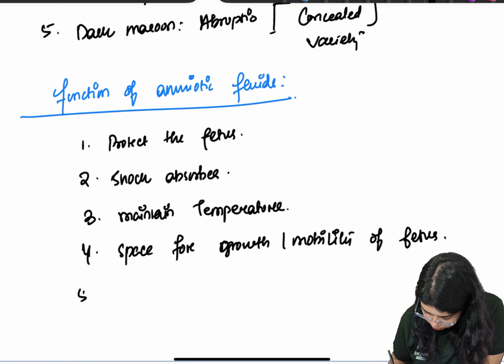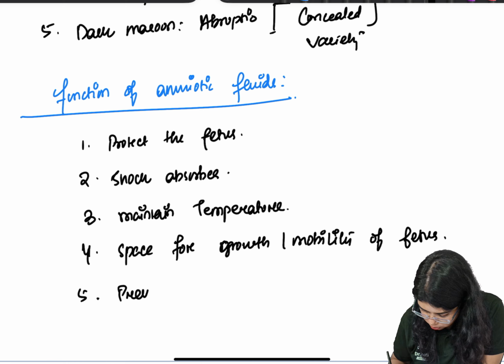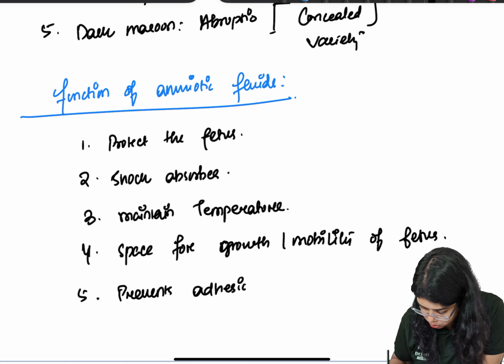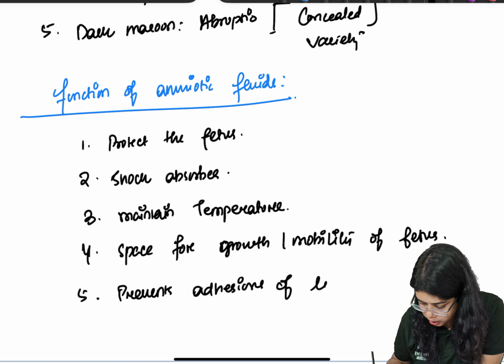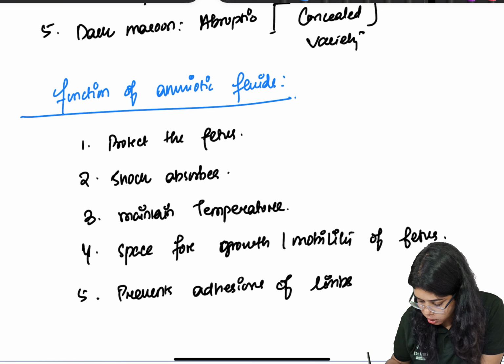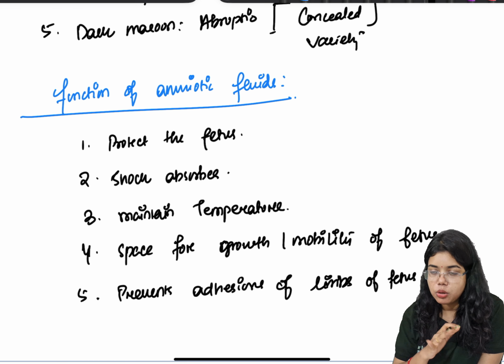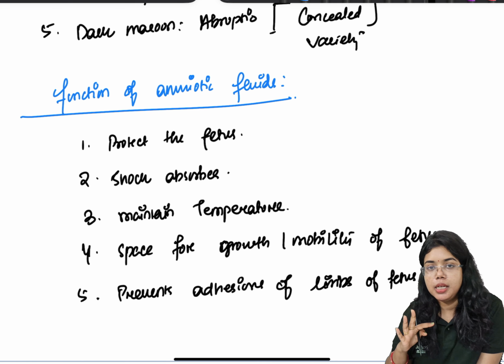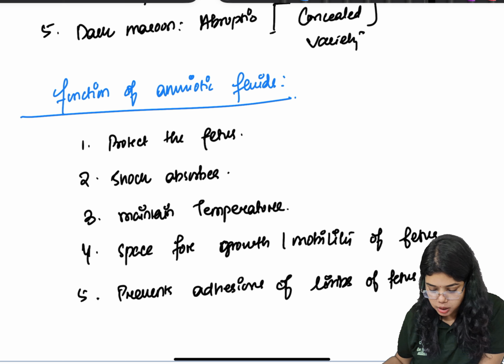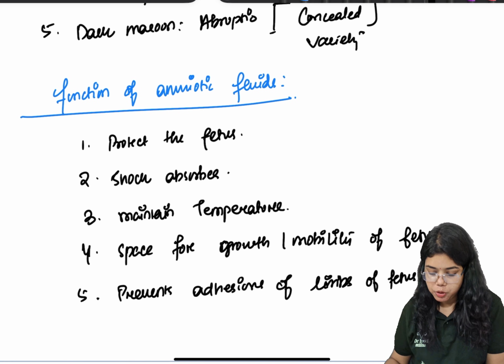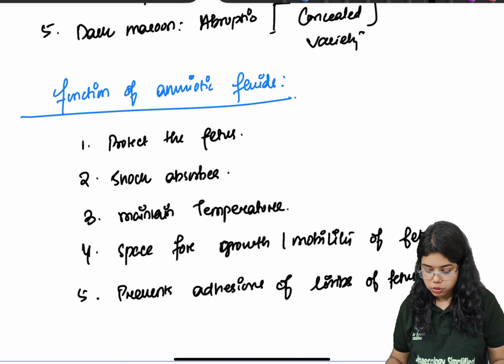And it prevents adhesions of the limbs or any other structures of the fetus. So the limbs and the hands, all things can be easily moved. So that prevents adhesion. And amniotic fluid has no role in nutrition. Okay, I've told you.